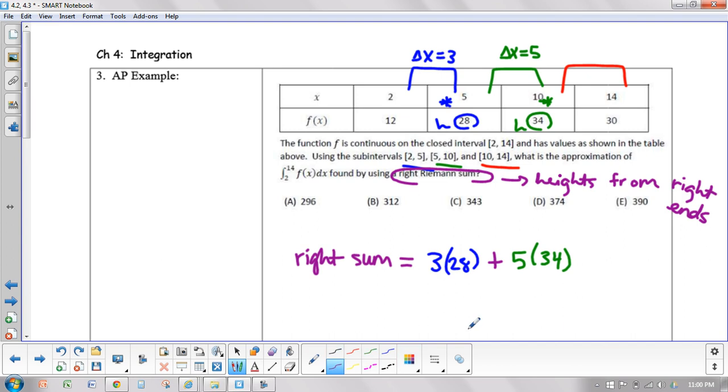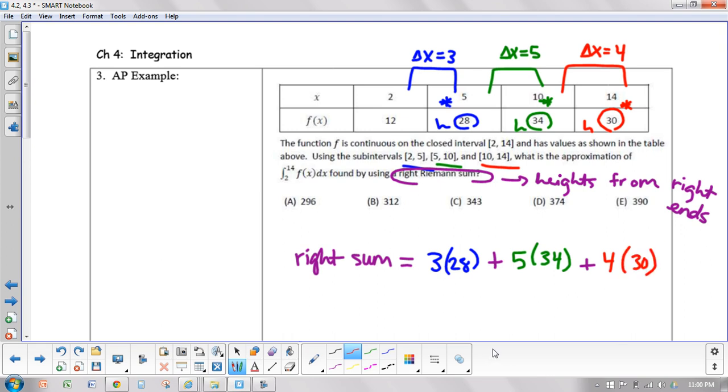And then I need to add up the last one, going from 10 to 14. Delta x this time would be 4. And then between 10 being the left-hand side and 14 being the right-hand side, my height would come from the 14. My height would be 30. So again, width is 4, height in that case is 30.